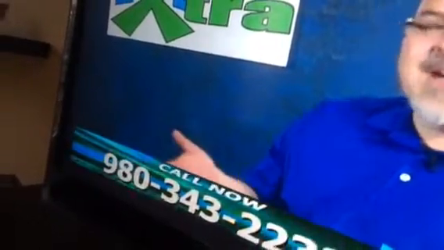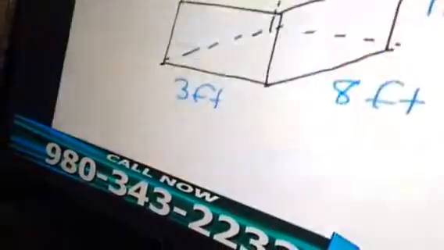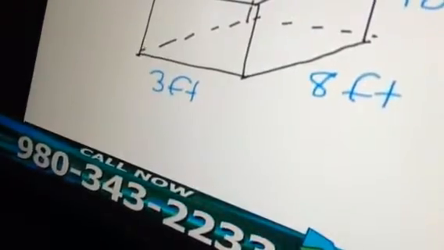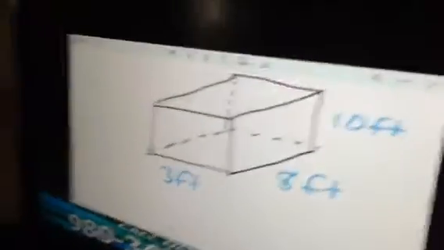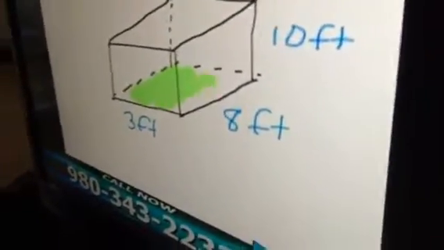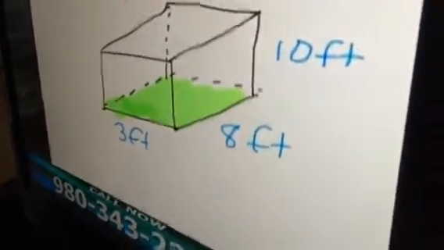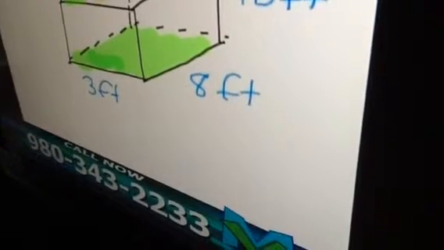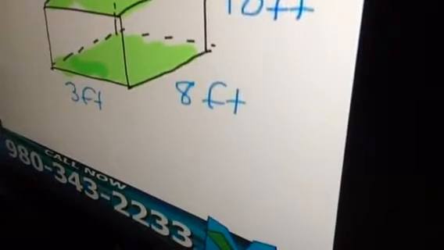So we want to find the entire surface area of this particular figure, so we're going to have to do some work here, right? So show me, how do we start off? Let's say I want to start off with finding the area of the bottom, we can also find the area of the top, right? Yeah. Because they're the same thing.